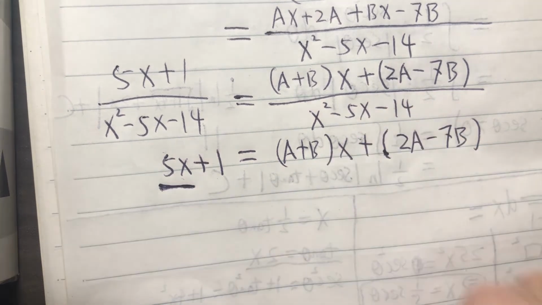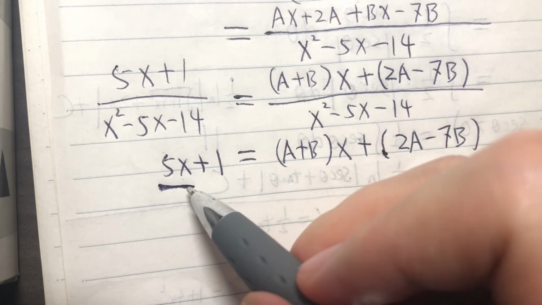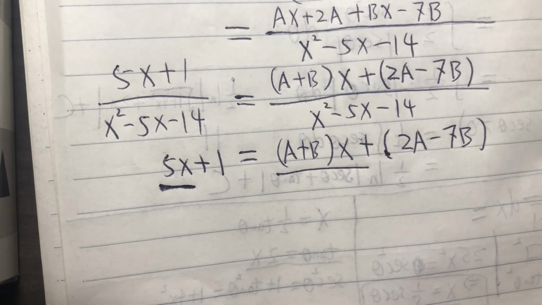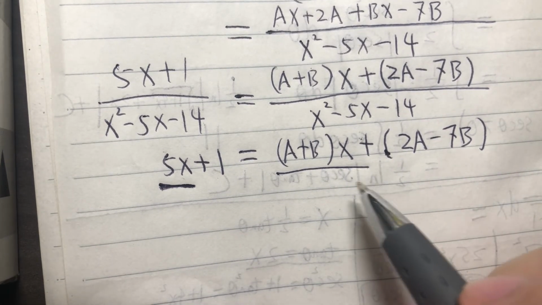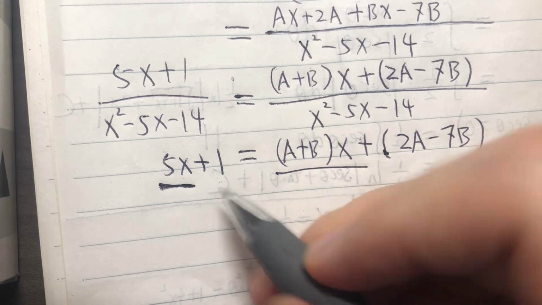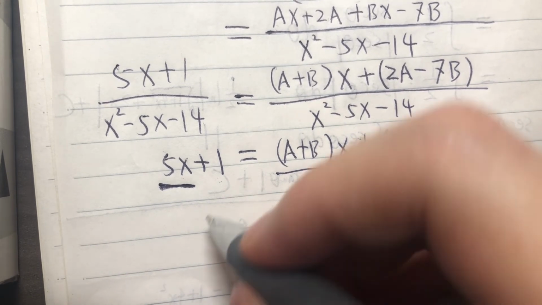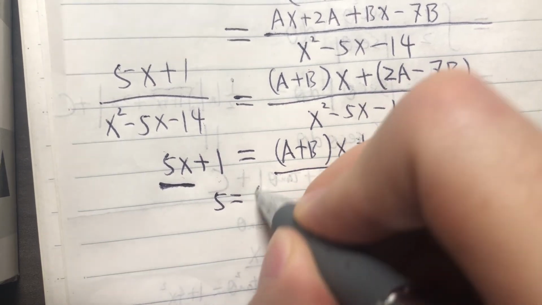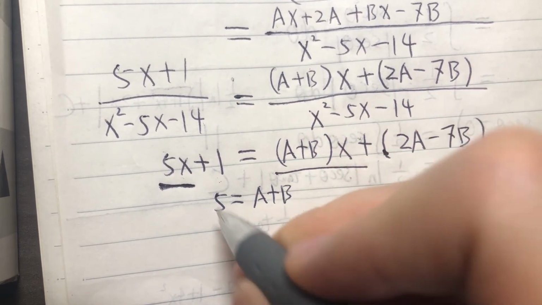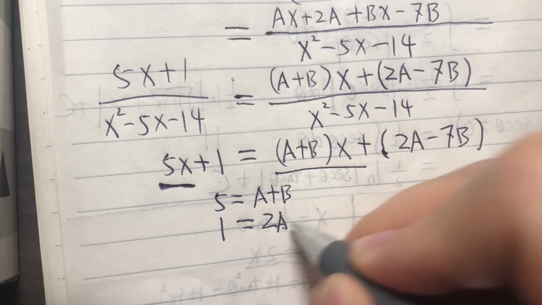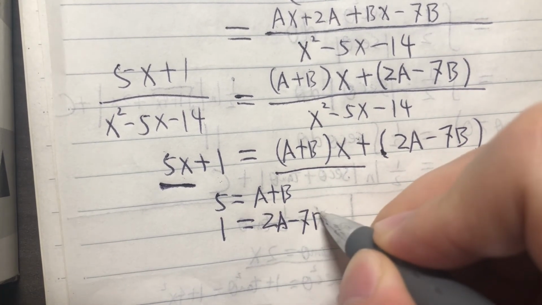5x is the linear term on the left hand side, the term with x. This one is the linear term of the right hand side. So 5x should equal a plus b times x. So 5 should equal a plus b, and 1 should equal this one, 2a minus 7b.